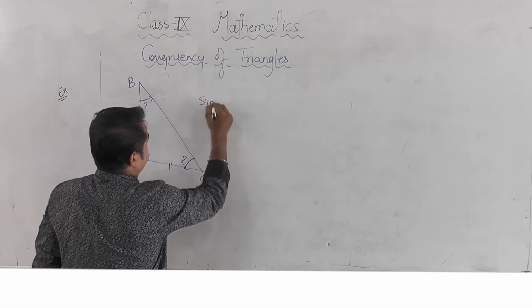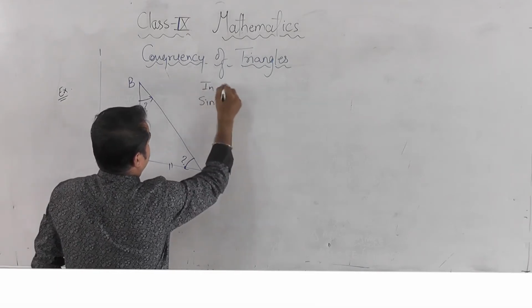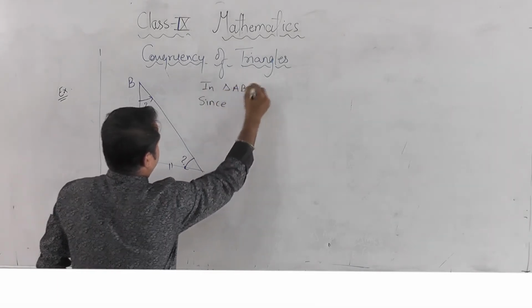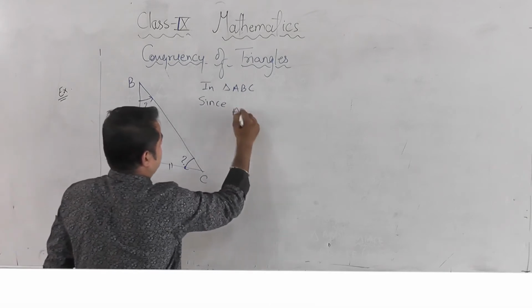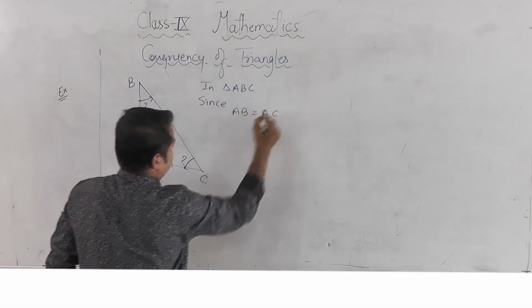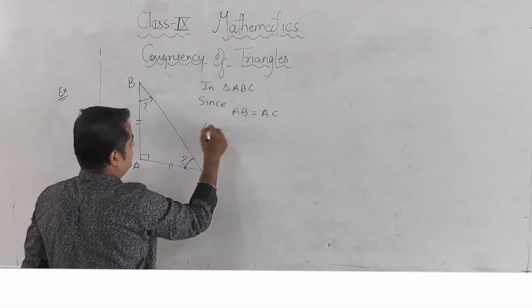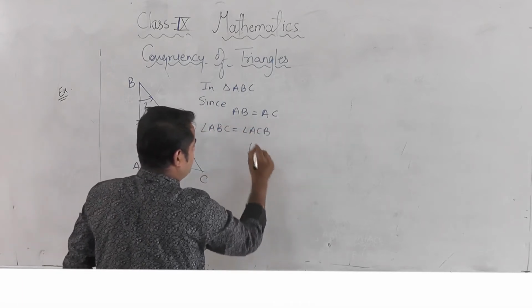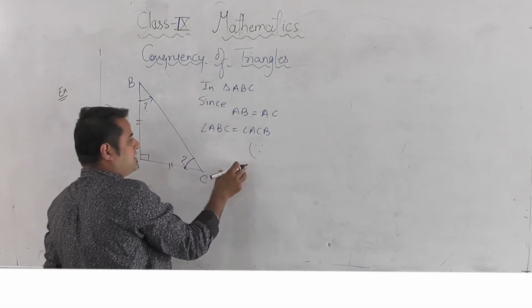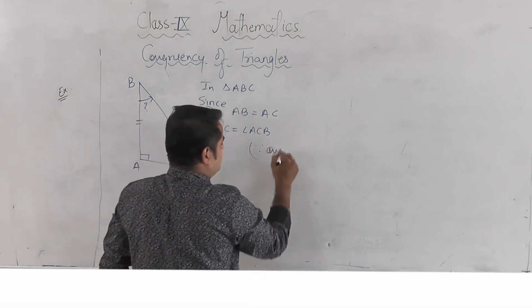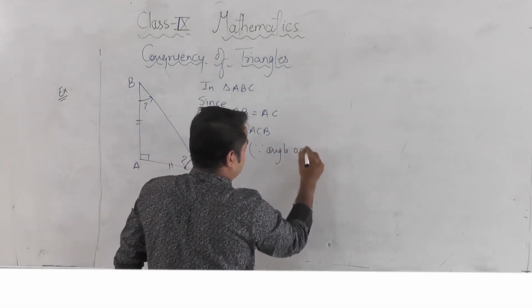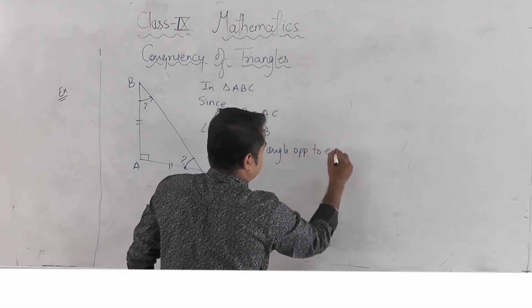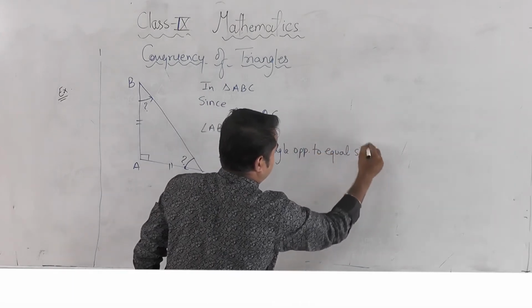So in triangle ABC, I am writing it directly. Since AB and AC are equal, angle ABC is equal to angle ACB. And what you need to write here is: angles opposite to equal sides are equal.